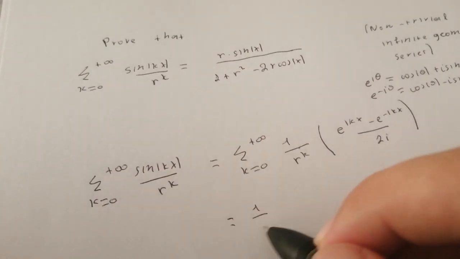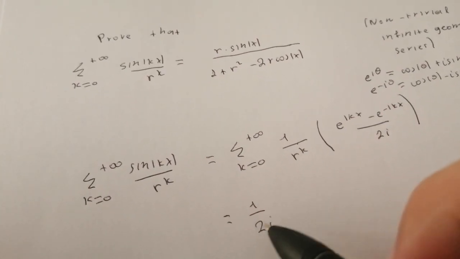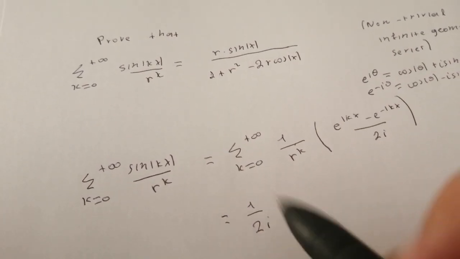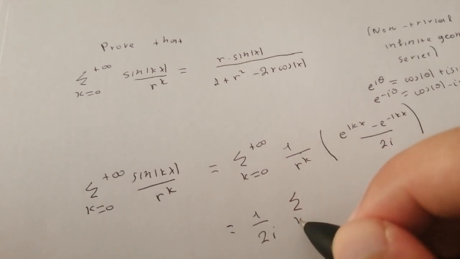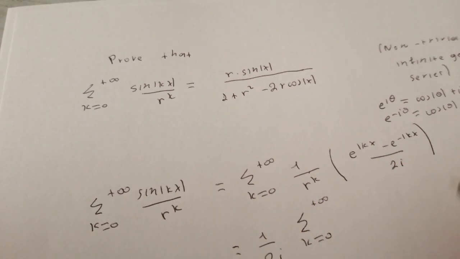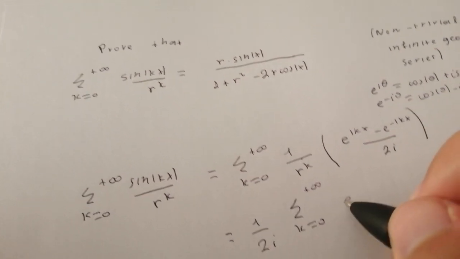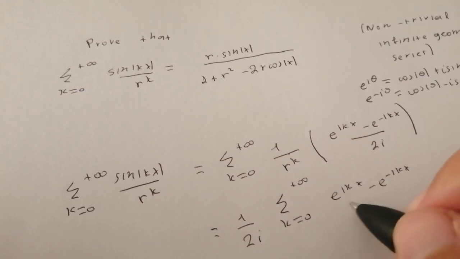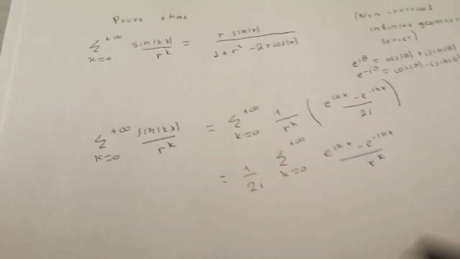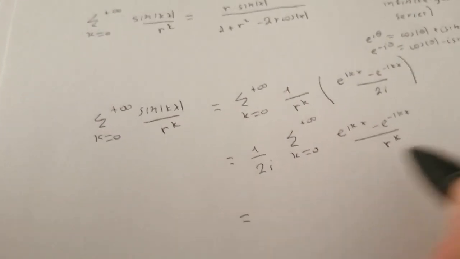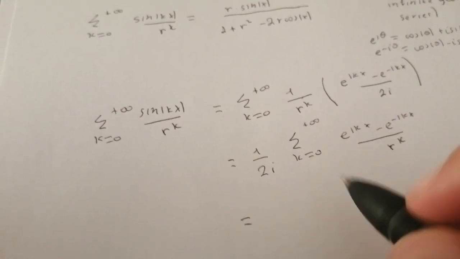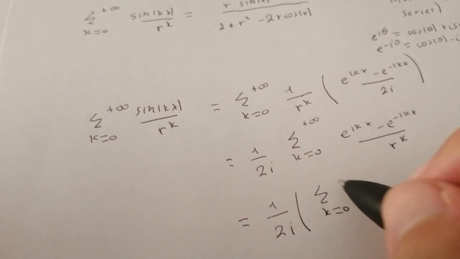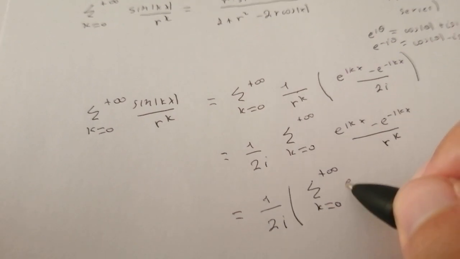Now we can take out 1 over 2i. We have the sum, so 1 over 2i is a complex number. And then we have this following sum. Of course, when we have a sum, we can break it into two separate sums, like this.